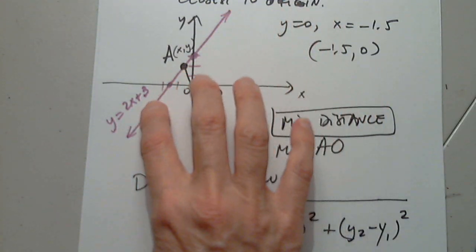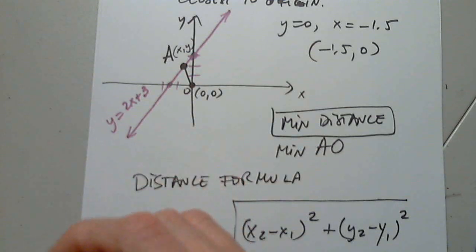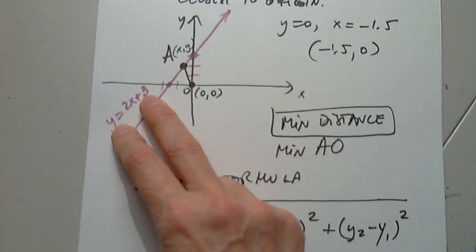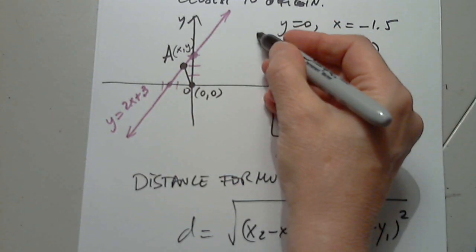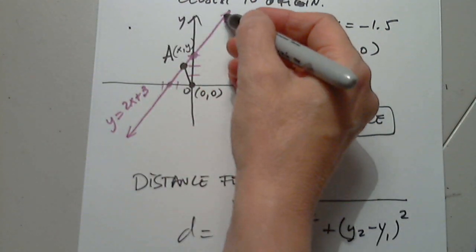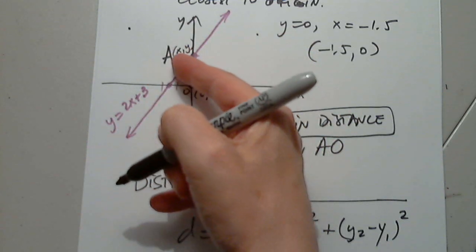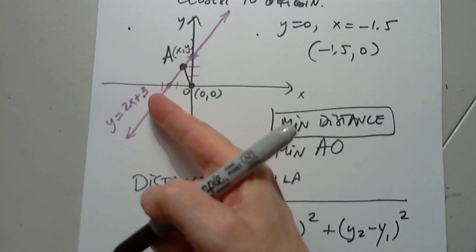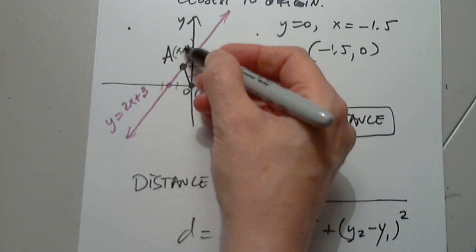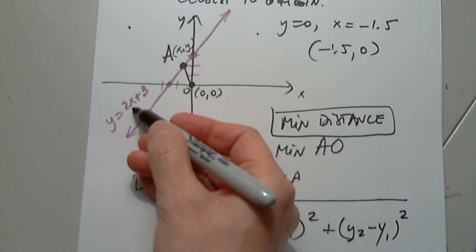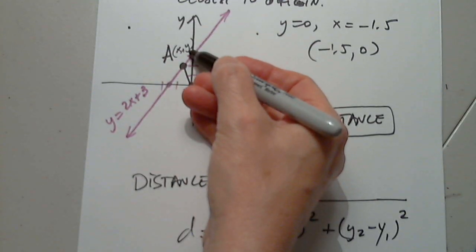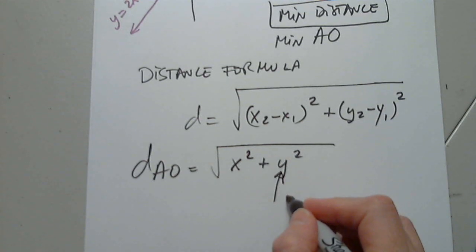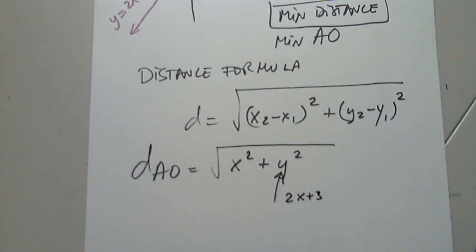For a point on this line, the x and y coordinates have to verify this equation. Otherwise, the point is here or here. Any point on the line: when x is 5, 2 times 5 is 10, 10 plus 3 is 13. So if this is 5, this is 13. If this is x, this is 2x plus 3. So I do have y equal 2x plus 3.